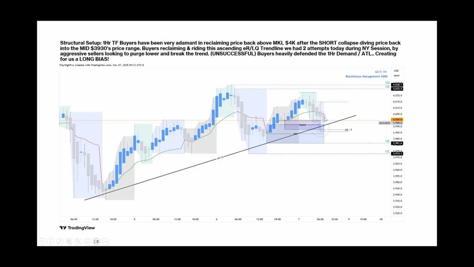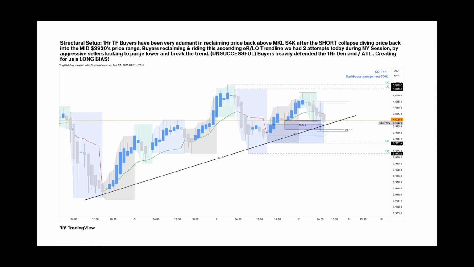We had 2 attempts today during New York session by aggressive sellers looking to purge lower and break the trend. However, they were unsuccessful. Buyers heavily defended the 1 hour demand zone, the ascending external range liquidity trend line, which is what the ATL is abbreviated for, creating for us a long bias.